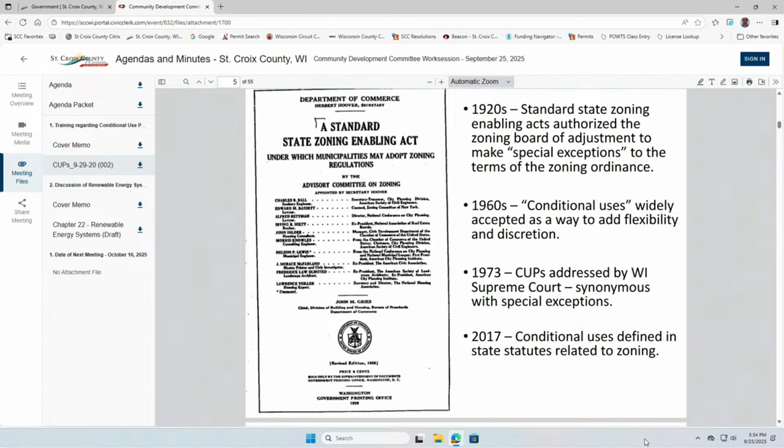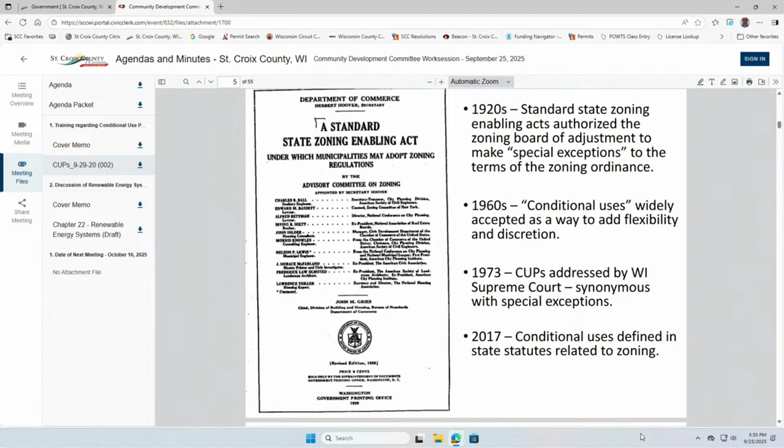Zoning goes all the way back to the 1920s, and in the 1960s is when CUPs became widely adopted as a way to handle zoning. The old way they used to do it is they actually called them a special exception, not a CUP.